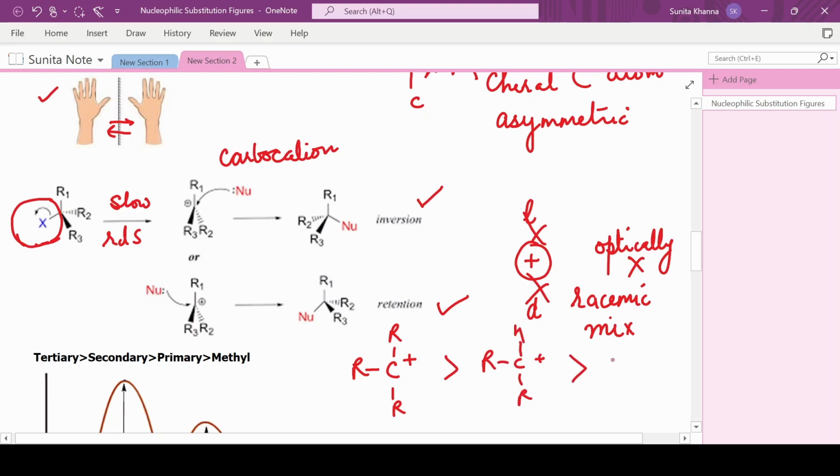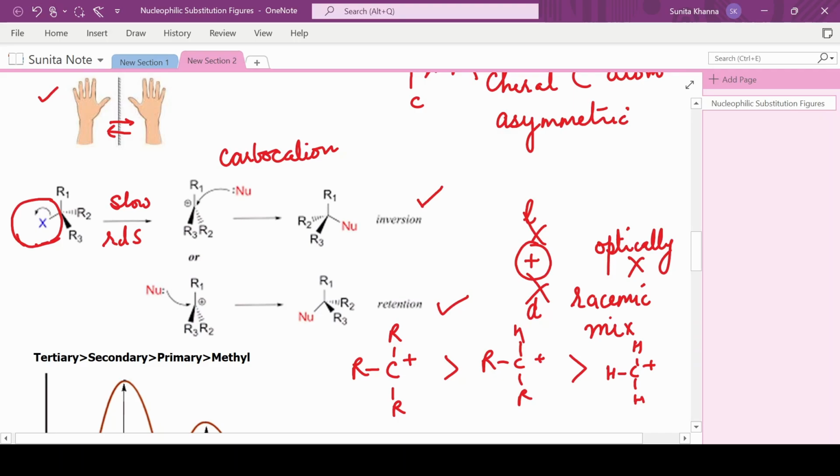So this SN1 mechanism, which proceeds via carbocation formation in 2 steps, favors tertiary most, followed by secondary, followed by primary, followed by methyl group.